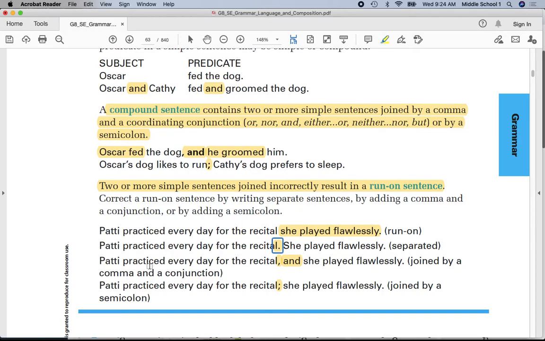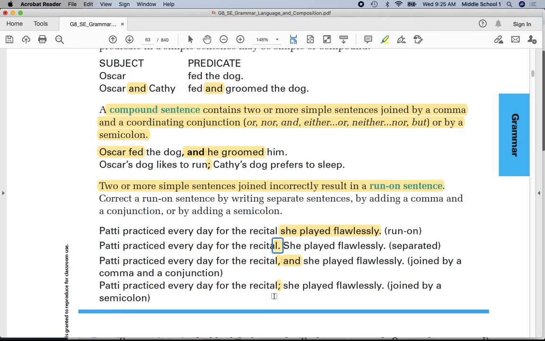Then my last 2 sentences: Patty practiced every day for the recital, comma, conjunction. She played flawlessly. And in the example below it, Patty practiced every day for the recital, semicolon. As we had in the example up above, if it's separated by a comma and a conjunction or a semicolon, then it is a compound sentence.